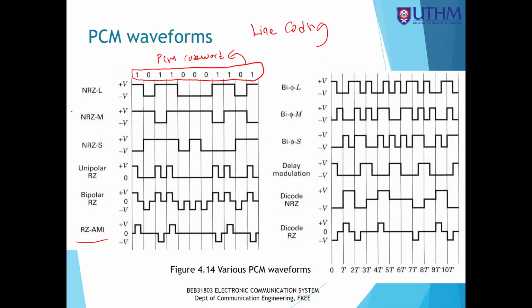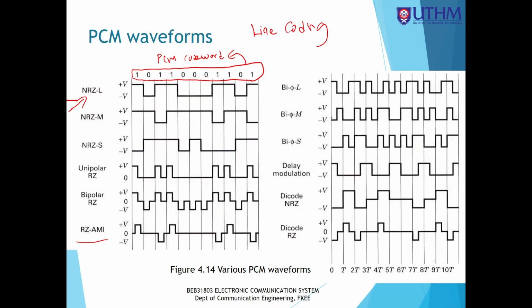So in order to convert it, we can use line coding. First of all, we can see from here using NRZ-L, non-return to zero level. L here means level. Non-return to zero is a bipolar line coding technique where we have two polarities.